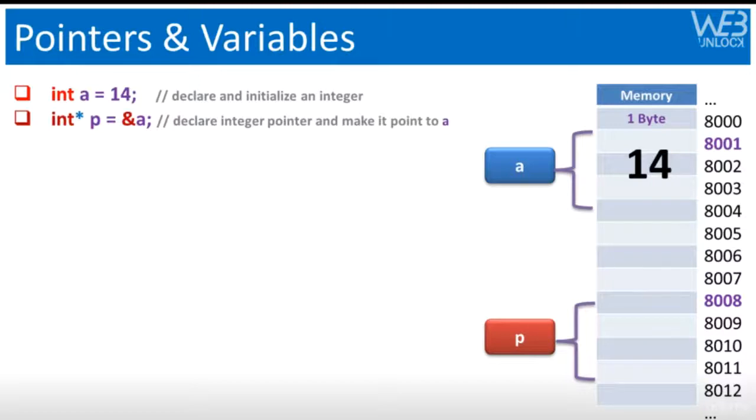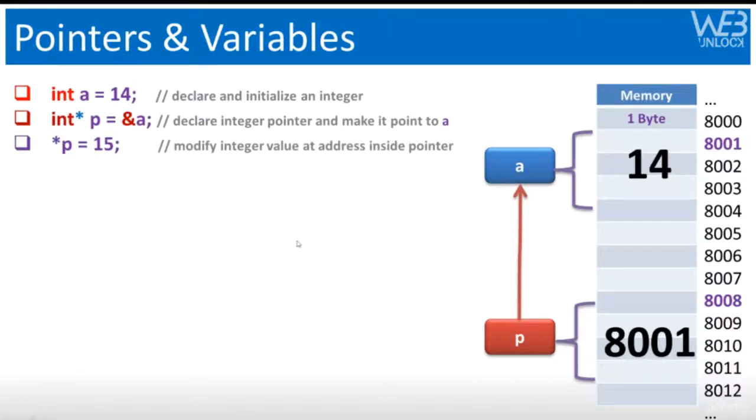Alright, so once we say integer pointer p equals address of a, we actually make it point to a. And the way it does that is by holding the address of the memory location of a inside its own memory. So now the way the pointer p points to a is by holding that address inside it.